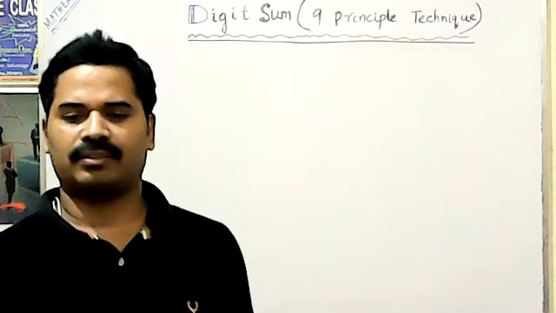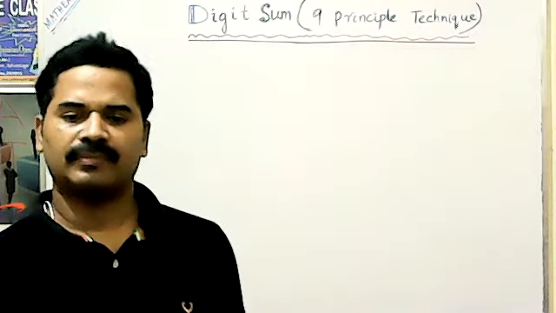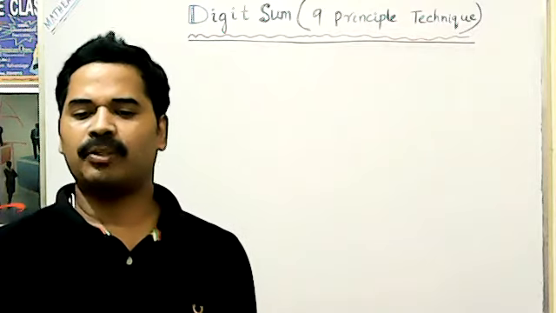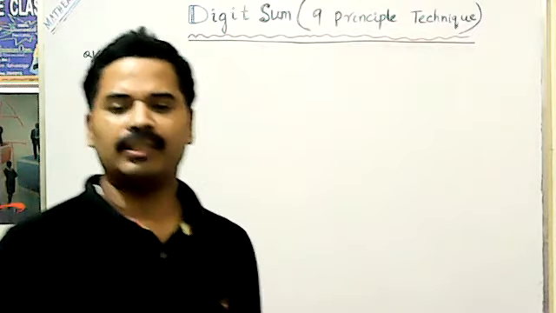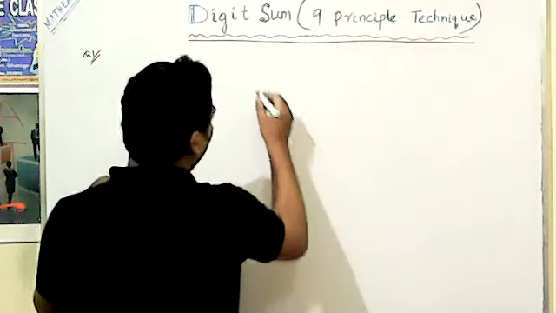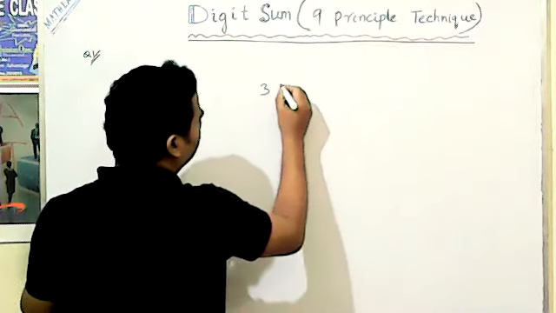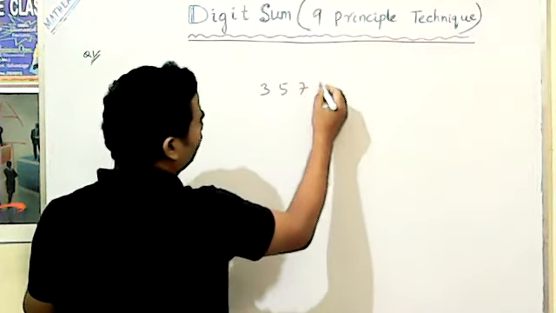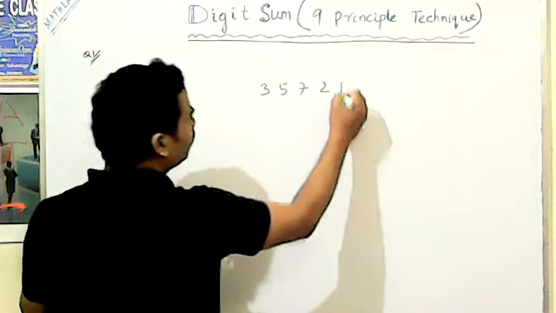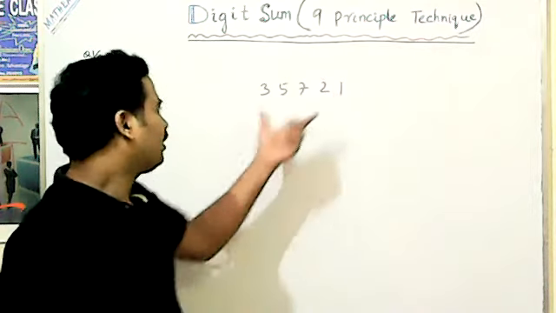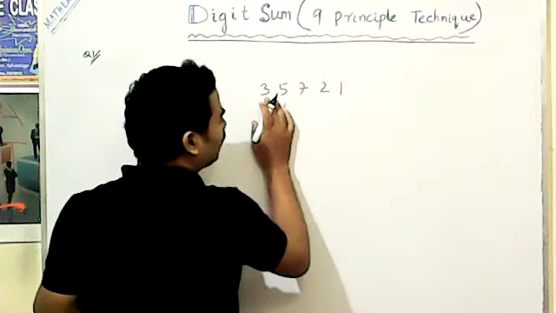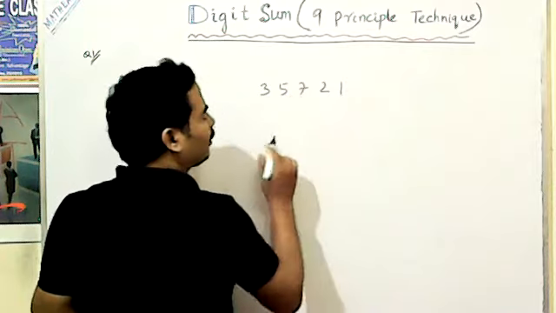Now we'll discuss the ninth principle technique, which is based on the digit sum technique. Suppose we have the number 35,721.